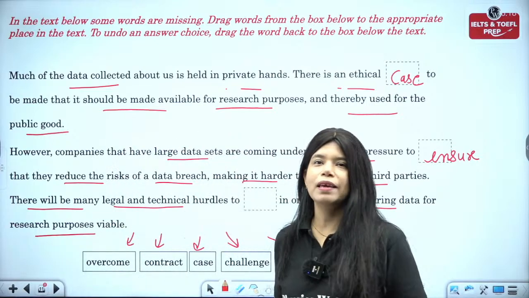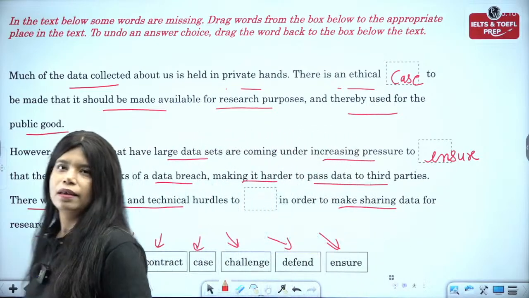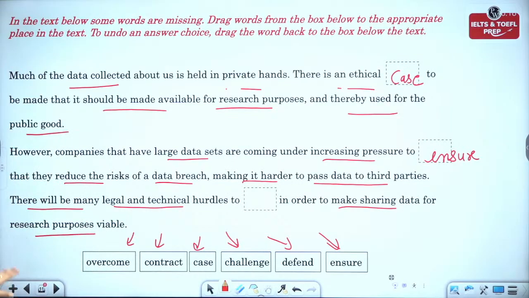Last answer can be exactly what, guys? There will be many legal and technical hurdles to dash. Hurdles to what? Right.